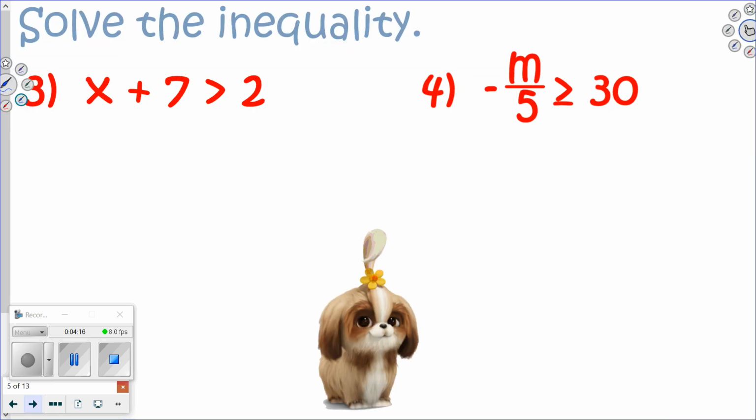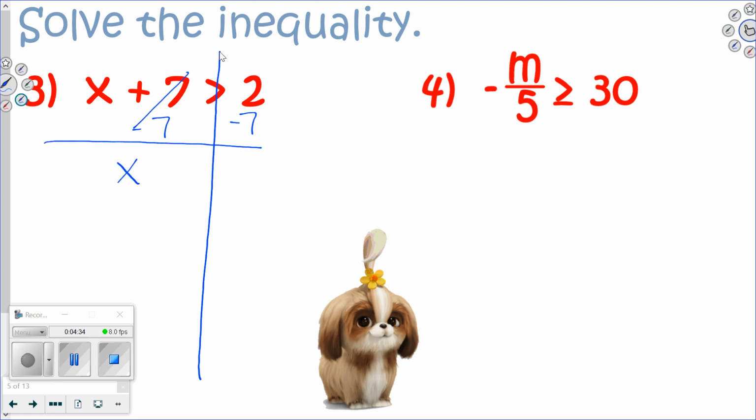All right, so number 3, x plus 7 is greater than 2. How do we get x by itself? Just minus the 7. Again, if you're the person who likes the line for your equal sign, you can draw it right on there. So we would subtract the 7. Do I need to flip the inequality?